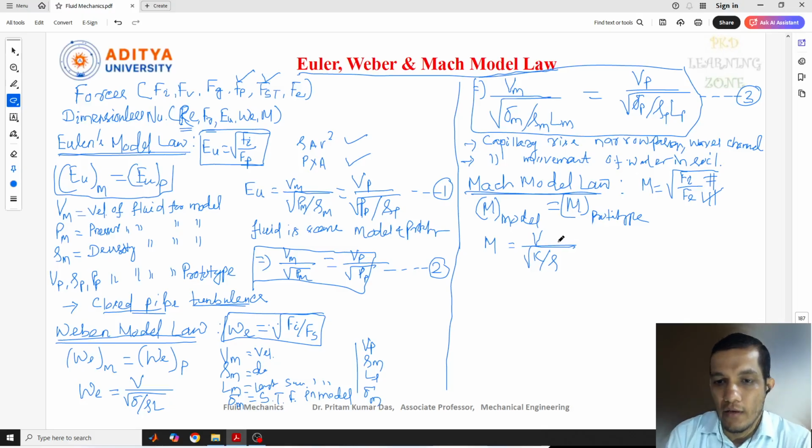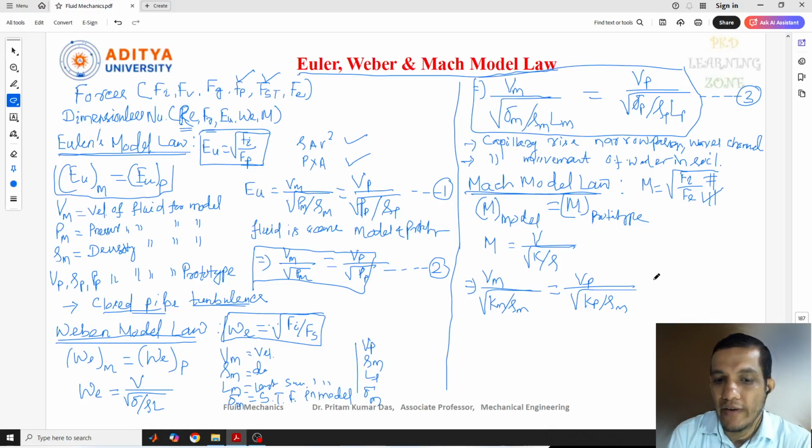Now, as per this equation, again we can write Vm divided by root over of Km by rho m, and this equal to Vp divided by root over of Kp by rho p.